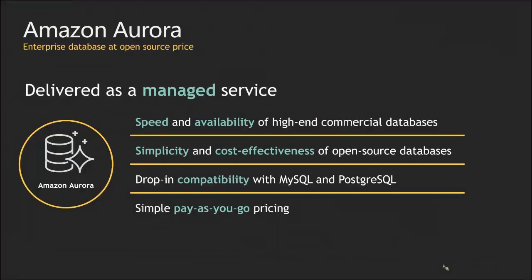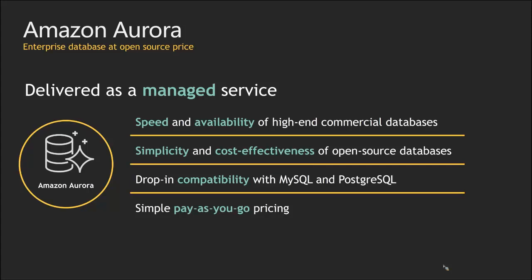So let's start with a quick overview of Aurora, for those of you who maybe have heard of it, maybe are not using it. So Amazon Aurora is a relational database in the cloud. It's a database that you can start with just a few clicks in the AWS console. It's delivered as a managed service, meaning that there's nothing for you to set up, to install.